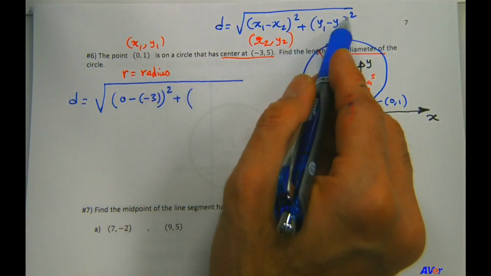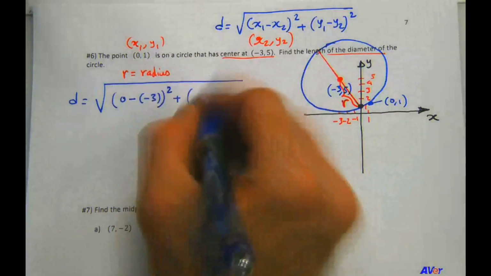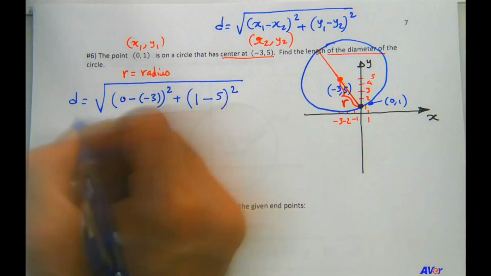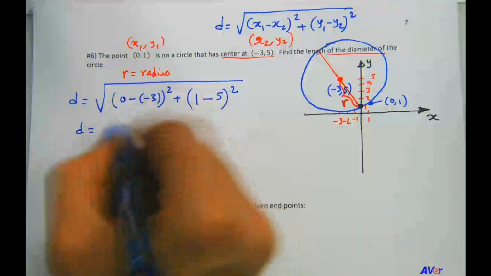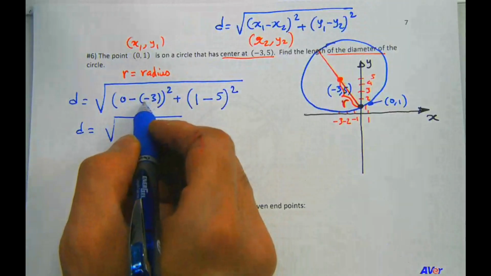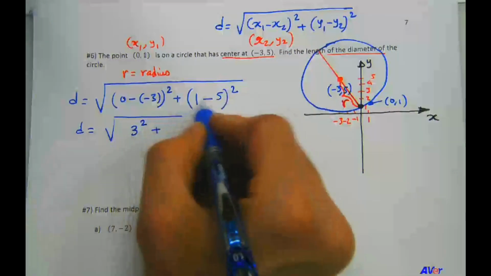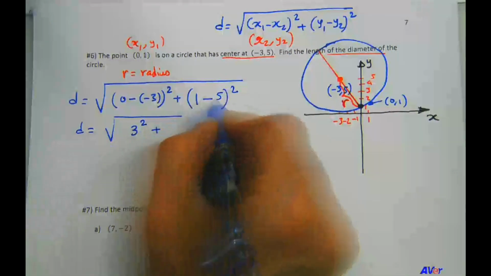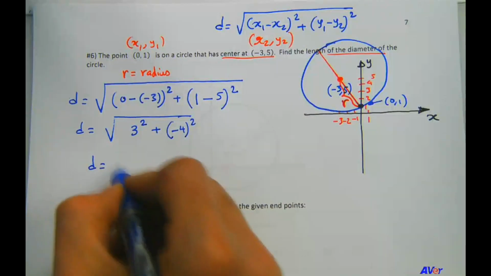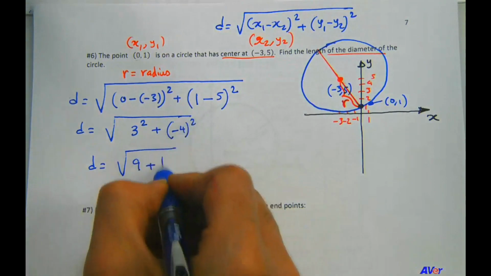y1 minus y2 squared. So y1 is 1 minus y2 is 5 squared. So minus minus 3 is positive 3. Positive 3 squared plus 1 minus 5 is minus 4 squared, right? What do we get? 3 squared is 9, plus minus 4 squared is 16.